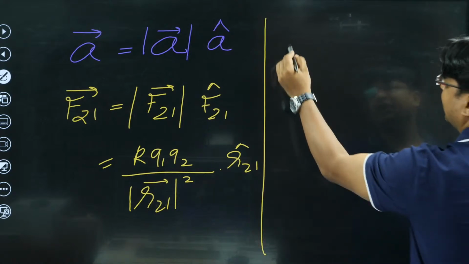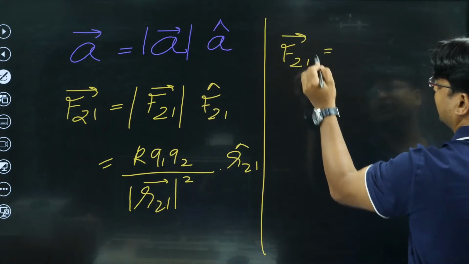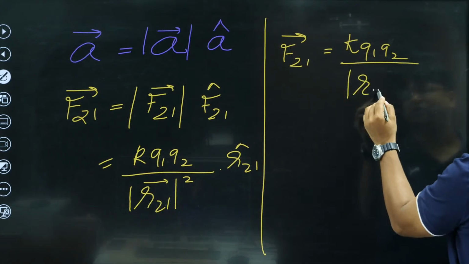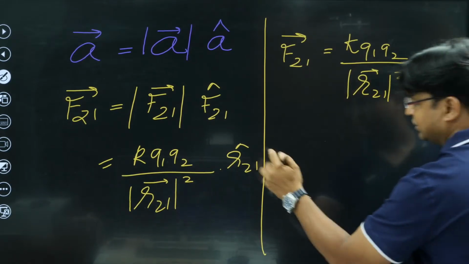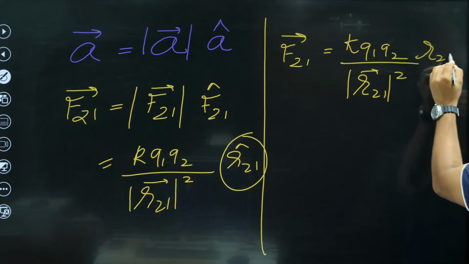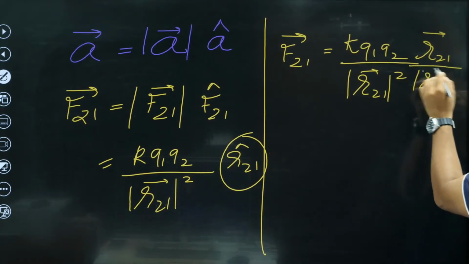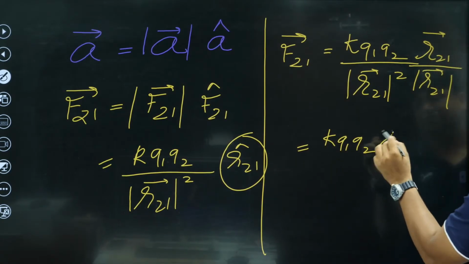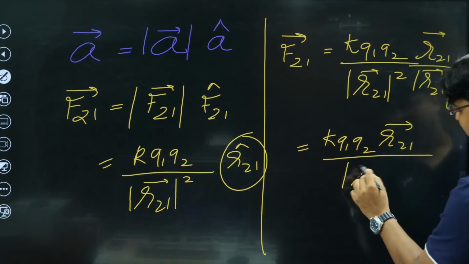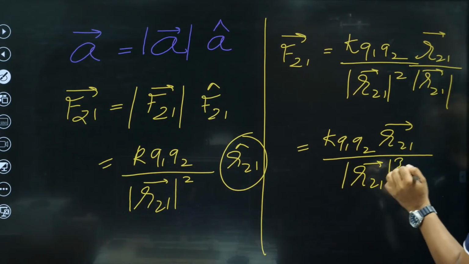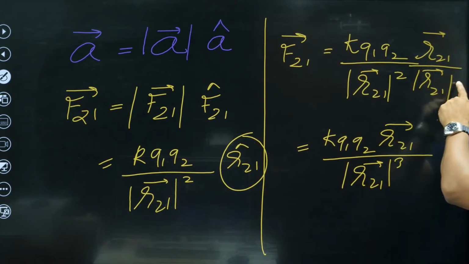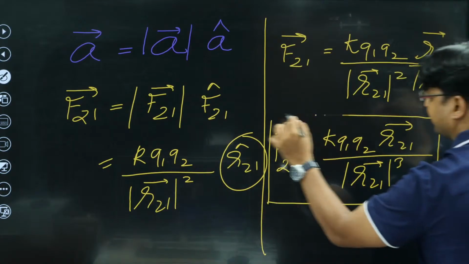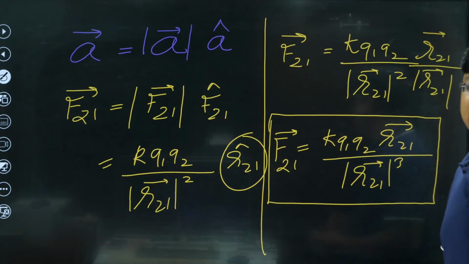And the F21 vector will be equal to KQ1 Q2 by R21 squared into this unit vector, which can also be written as the vector divided by its own magnitude. This ultimately leads to the final formula, R21 divided by the mod of R21 cubed. From where does the cube appear? Square is here, one more is here. So this becomes your vector form.